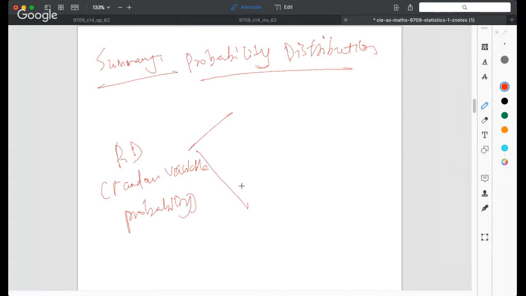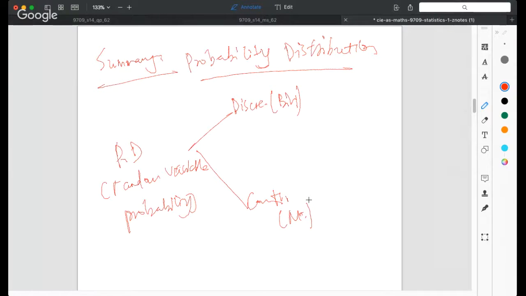And then we divide that into 2 different cases. One is the discrete case and the other one is the continuous case. For discrete cases, we have binomial distribution. And for continuous cases, we have normal distribution.